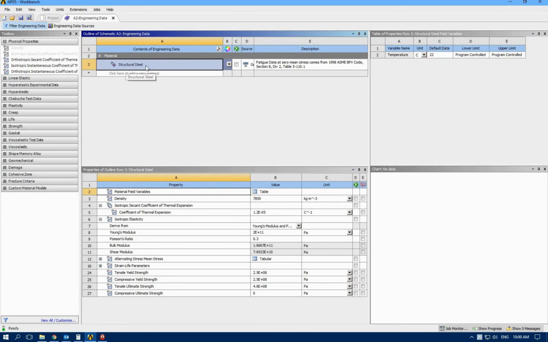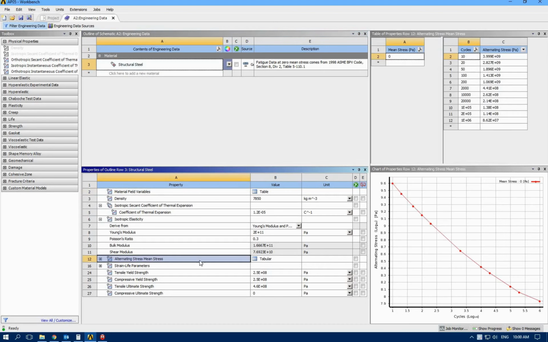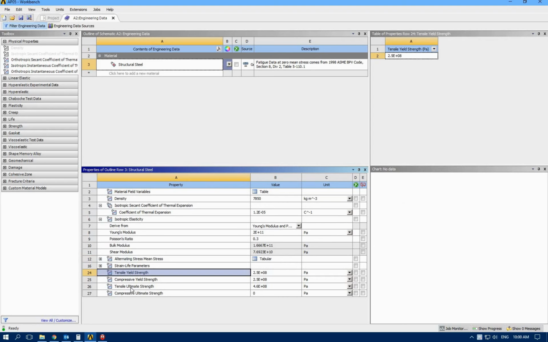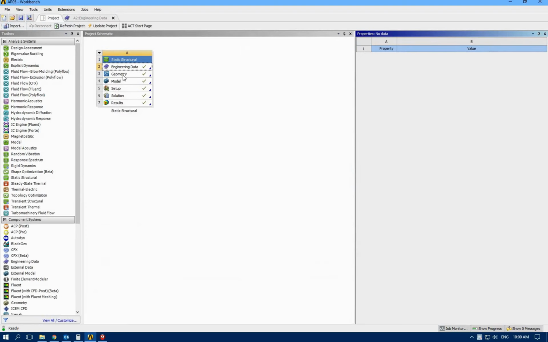It is structural steel still, and as you can see, for alternating stress we have a diagram here, and for 10 power 6 cycles, it's 8.62 times 10 power 7 Pascal. Yield stress is here and ultimate stress is there. Okay, let's go back to the project and open the model.